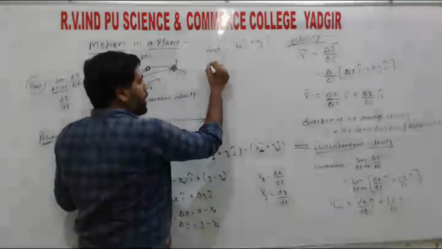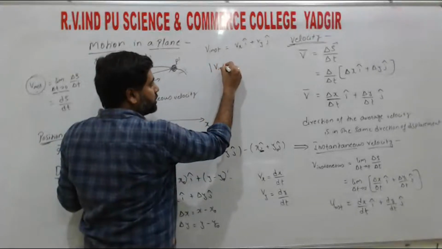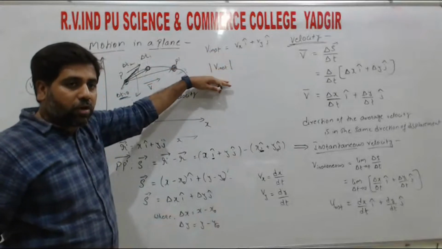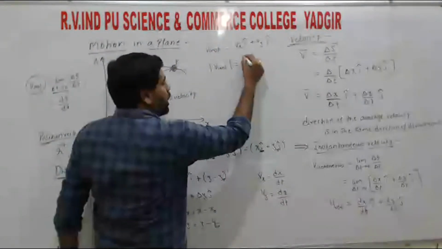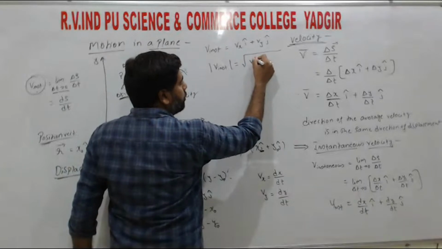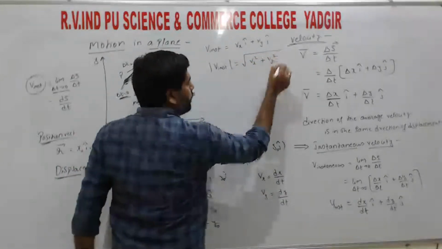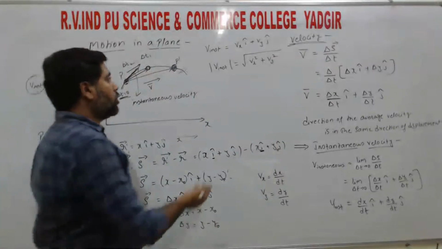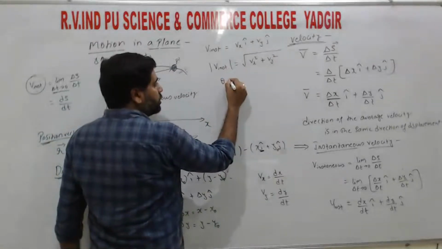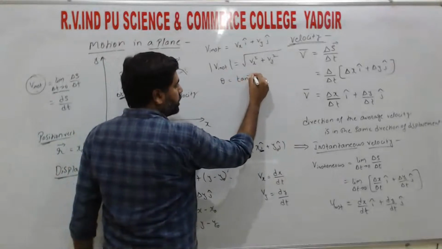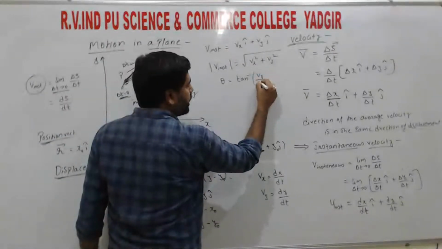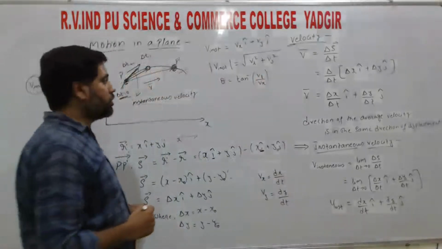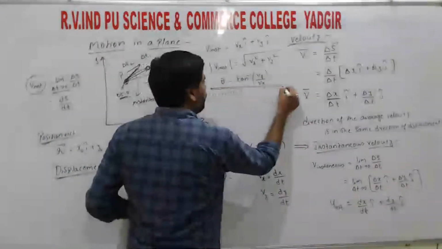So now the magnitude of the instantaneous velocity is equal to the square root of vx square plus vy square, right? And the direction theta is equal to tan inverse of vy by vx, which gives the direction of the instantaneous velocity.